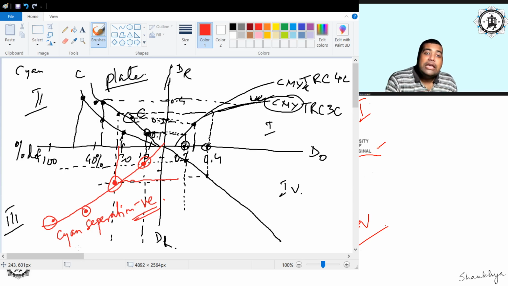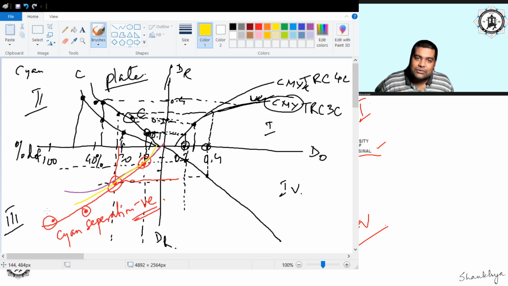So this is a back calculation, you know what the tone reproduction curve of your cyan separation negative, that means the resultant negative, will be. So you have to use a mask which will add up with the original to reproduce a cyan separation negative having such a tone reproduction curve. Similarly, you can do it for magenta ink, and you can do it for yellow ink also. Such curves you will be able to get.